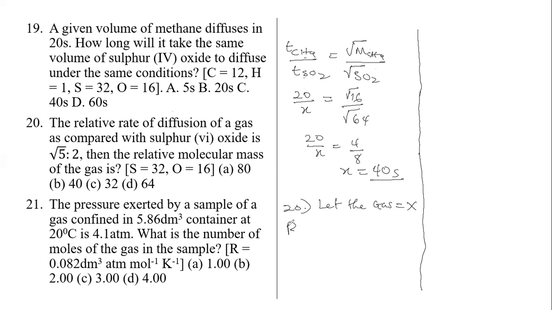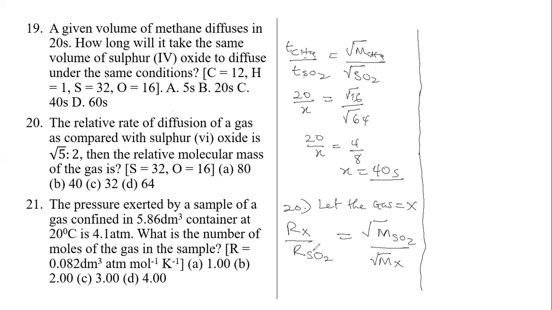So the rate of X over the rate of sulfur 6 oxide is, of course, now, because this is rate, not time, it is not the molar mass of X that will be here. It is the molar mass of SO2. They are inverse. And then this one, the molar mass of X. Okay, so that's how it is. Only in the case of time is it the same. But for rate, they are not the same.